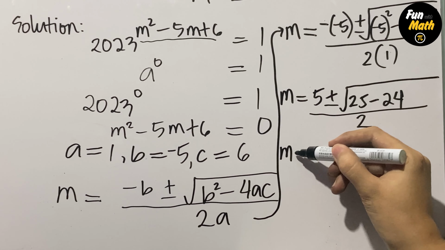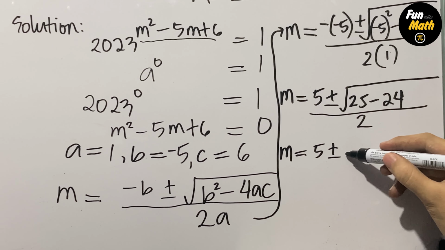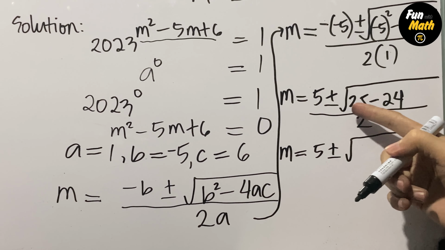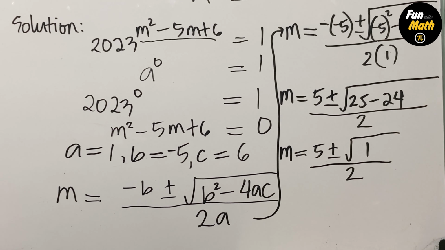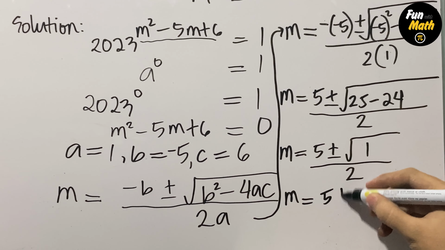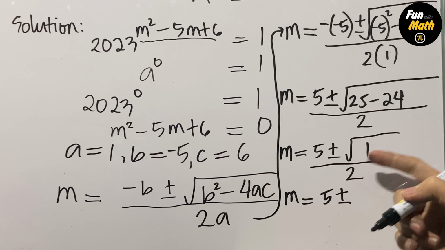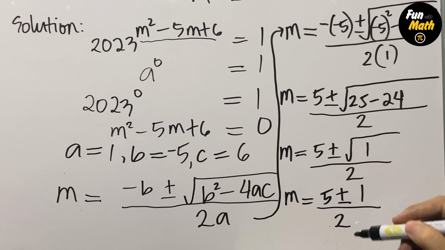And then m is equal to 5 plus or minus the square root of 25 minus 24, that is 1, over 2. And then m is equal to 5 plus or minus the square root of 1, which is 1, over 2.